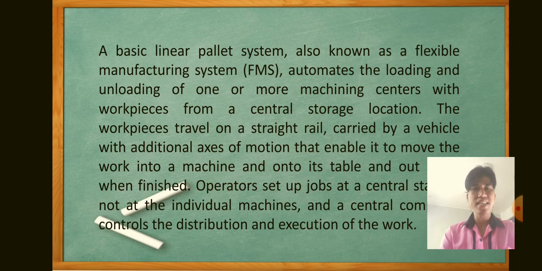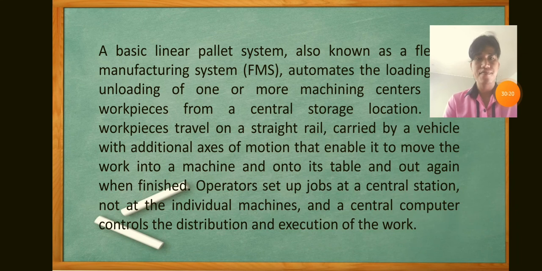The workpieces travel on a straight rail carried by the vehicle with an additional axis of motion that enables it to move the work into a machine and onto the table and out again. When finished, operators set up jobs at the central station, not at the individual machine. And the central computer controls the distribution and execution of work.